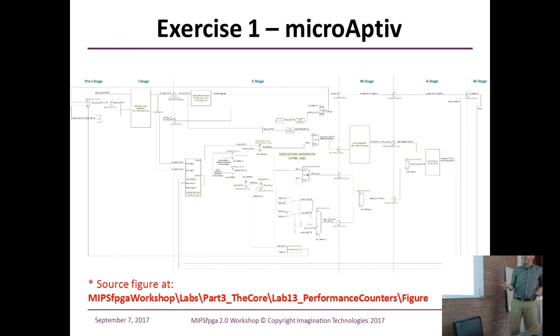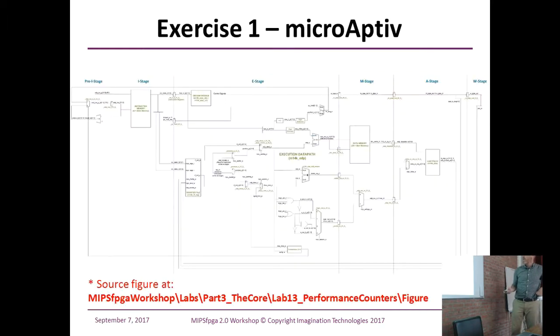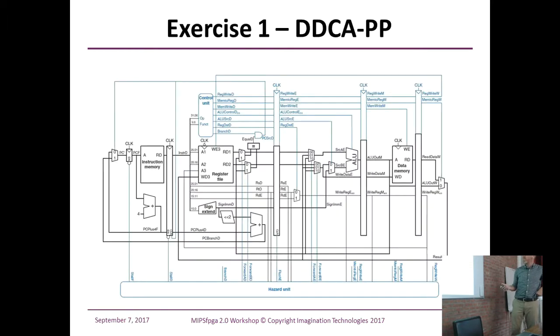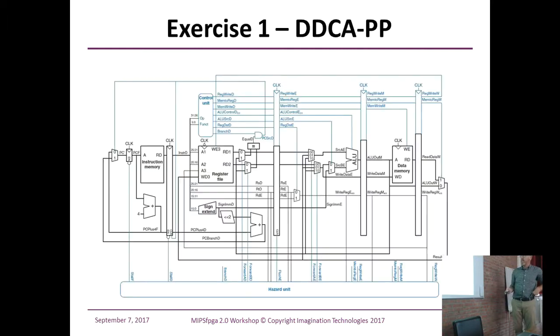The decoding and the execution happen in just one cycle in MicroActive. Then there's a memory stage which accesses the data memory, which is also available in MicroActive. Then there's a stage which is particular to MicroActive, which is the alignment stage. This one is not present in the processor in the book. You align the data that you read in the previous stage. And finally, there is a write-back stage, as in the book, where you write the results back to the register file.